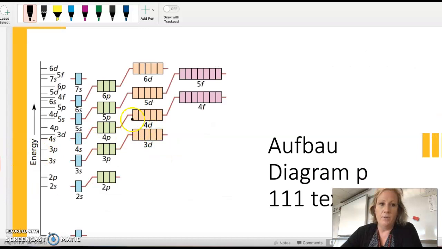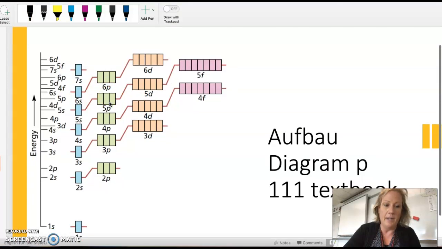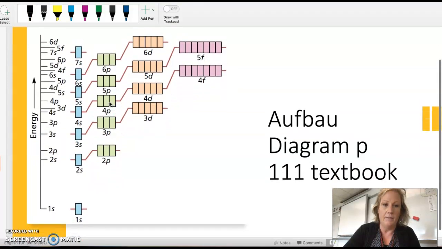So let me show you this. It's an Aufbau diagram. It's in your book, and we're going to use it a little, and then I'll show you that we won't need to use it, but it can help you understand electron configurations better.